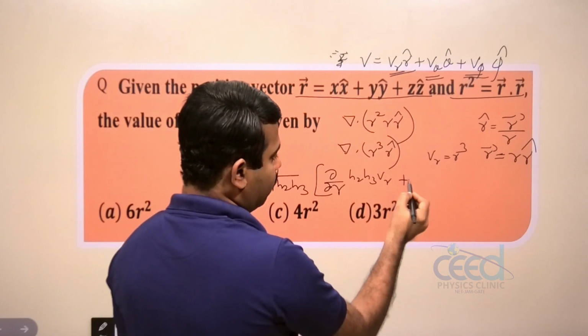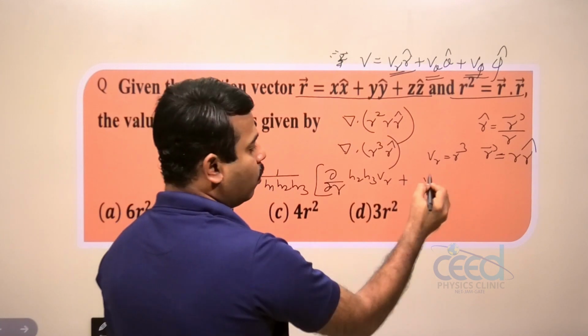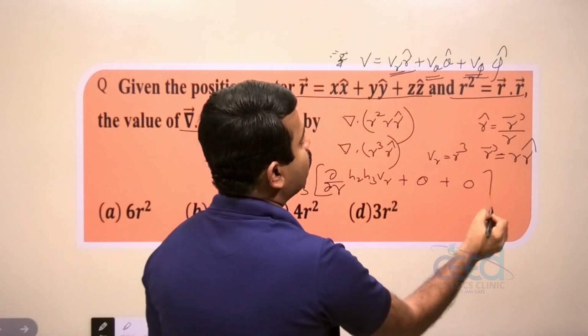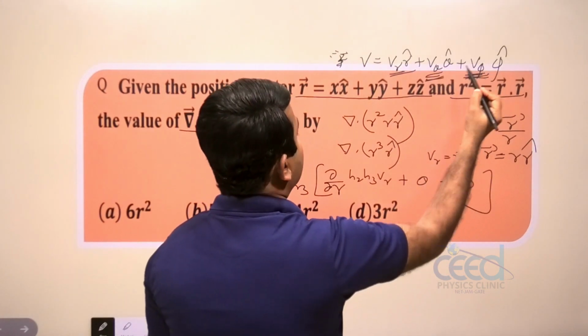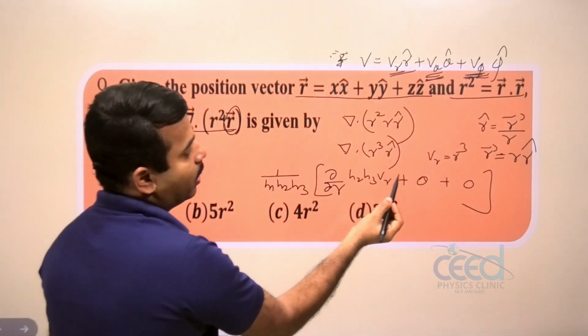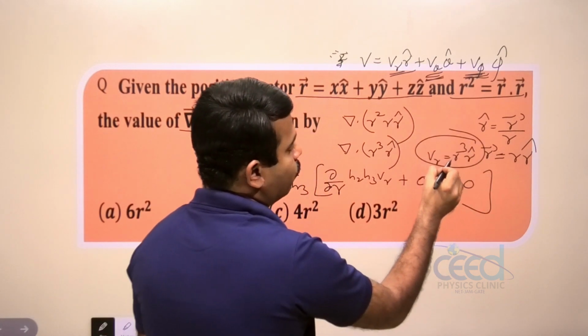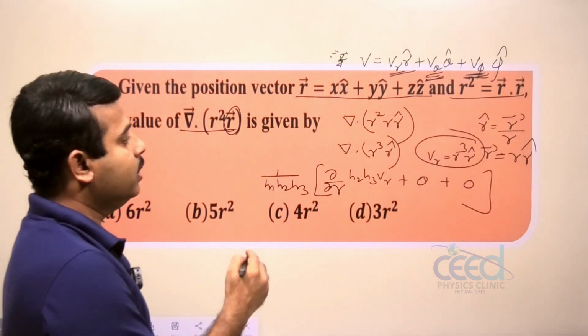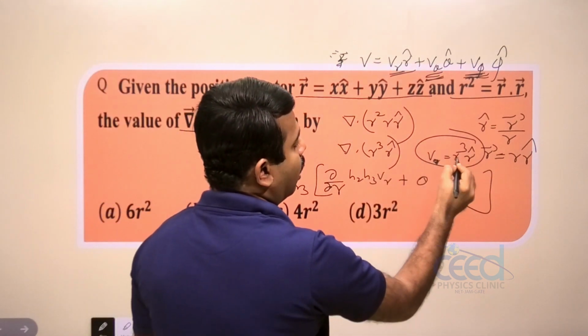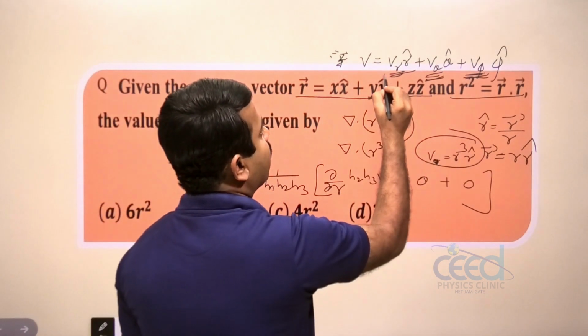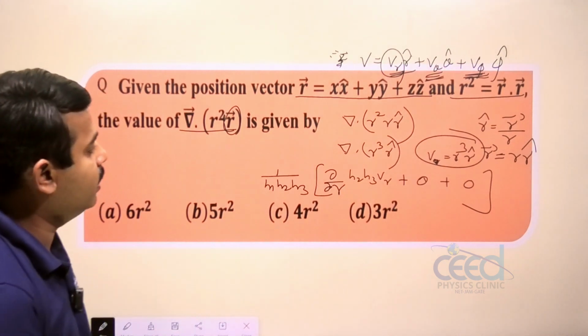Now we have other terms, dou by dou theta, dou by dou phi. I am taking all of those as 0 because this component is 0, this component is 0. We have only vr, so v is r cube r cap only. Then only the vr component exists, right?